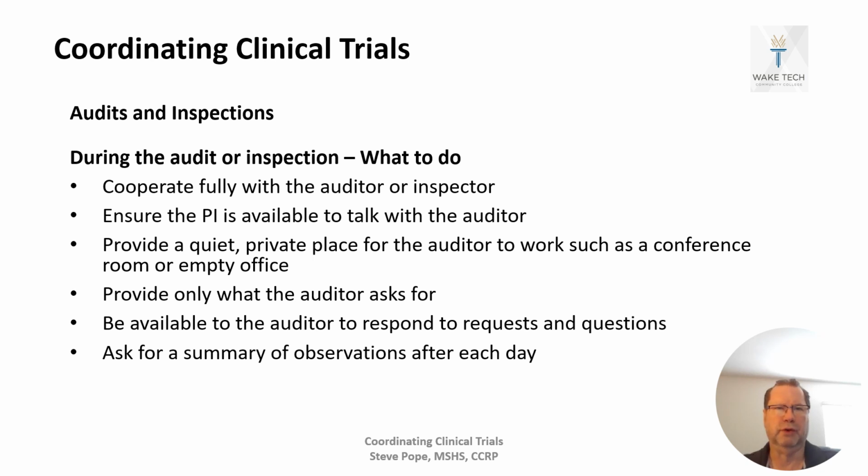They're going to have credentials. Make sure you check those. Make sure you write down the person's name and their badge number or whatever credential number they have. You can't make a copy of it, but you can write down the information so you know without a doubt who showed up to perform that inspection.